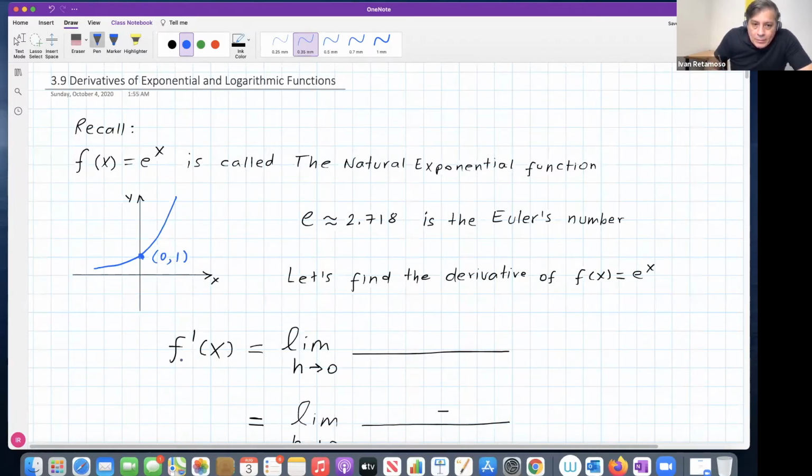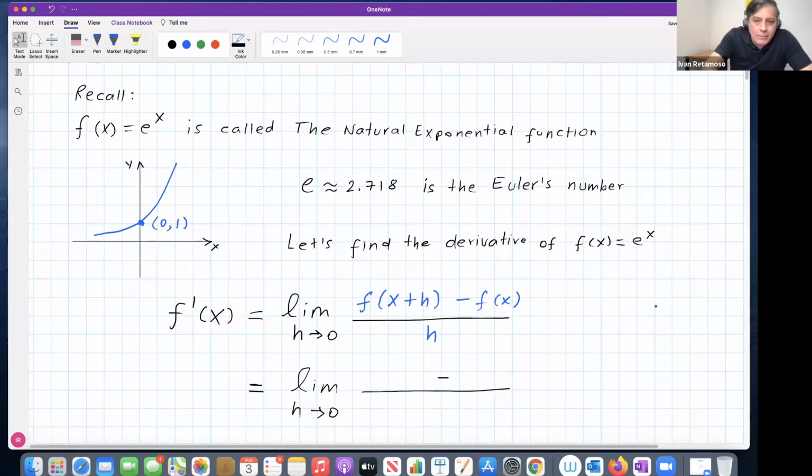If you want to find its derivative, follow the definition of the derivative using limits: the limit as h approaches 0 of f of x plus h minus f of x, all divided by h, right? That is how we define the derivative for any function.